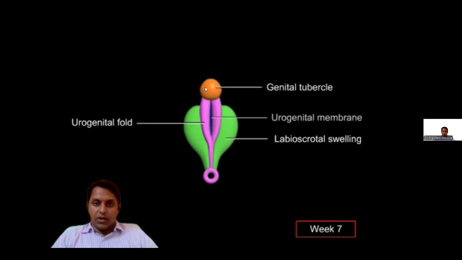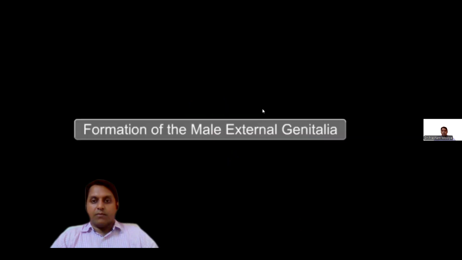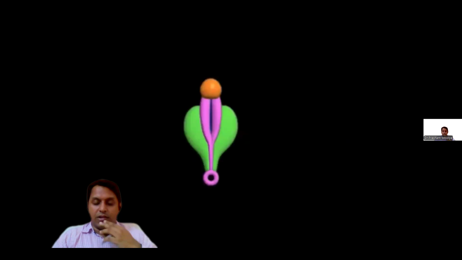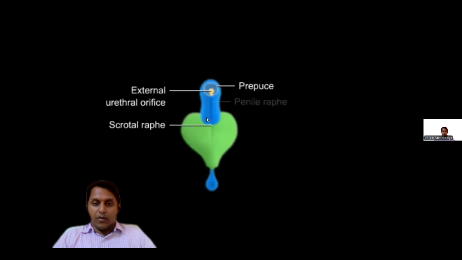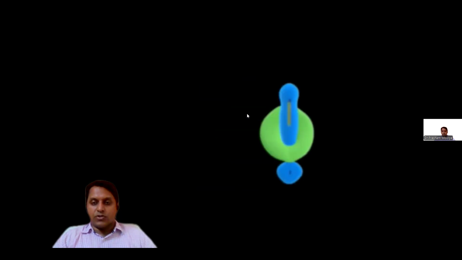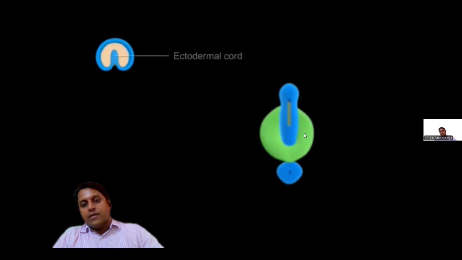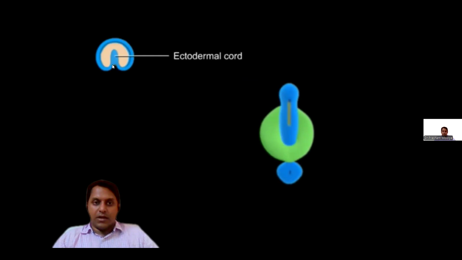As they grow, the genital tubercle will form the phallus, and the urogenital folds in males start fusing to form a median raphe, while the swellings on the sides contribute to the scrotum. Subsequently, the formation of the penile urethra happens. If you take a section here in the glans, the ectodermal changes are happening.